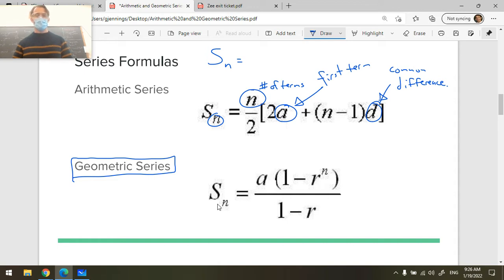I know that we're in a tough spot. In a geometric series, this would be the sum of an n number of terms of a geometric sequence. The A is, again, the first term. R is the common ratio.